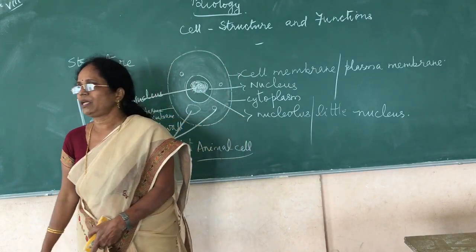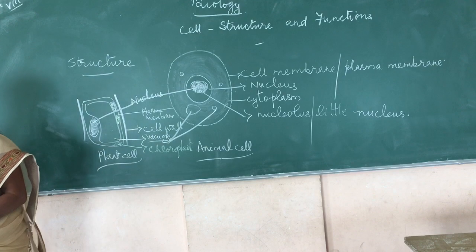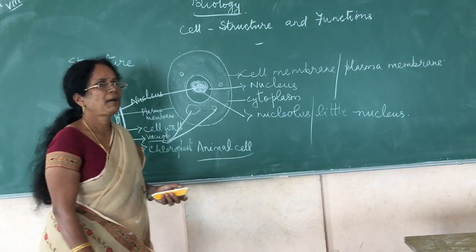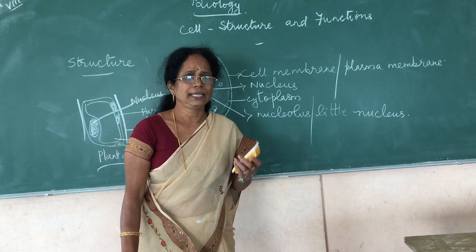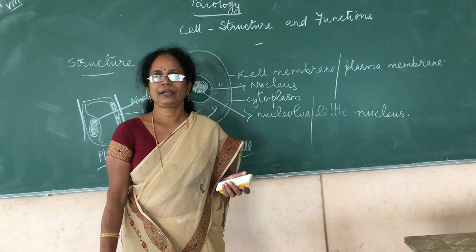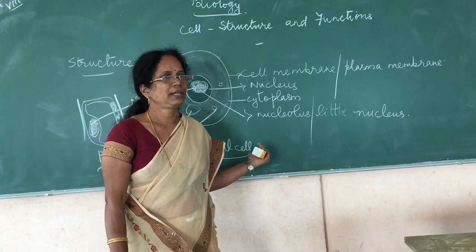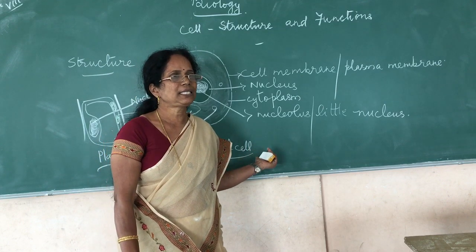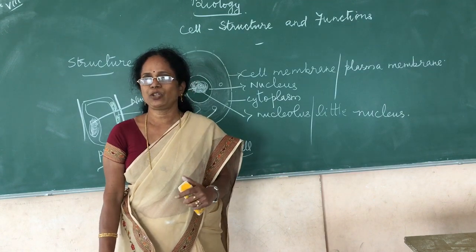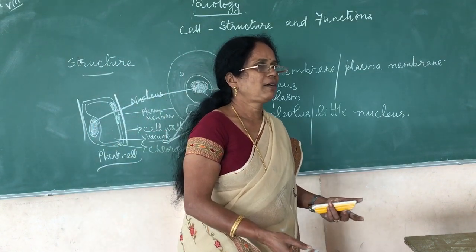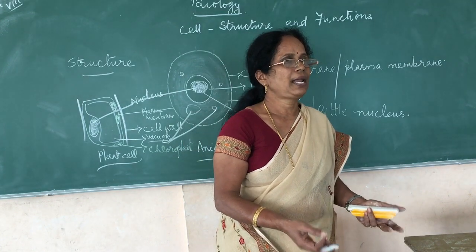You know the meaning of photosynthesis? It is the preparation of food by the plants in the green leaves, with the help of chlorophyll, in the presence of sunlight, by using carbon dioxide and water.